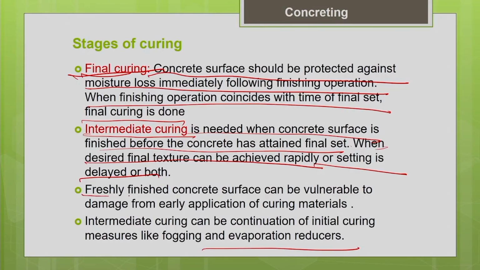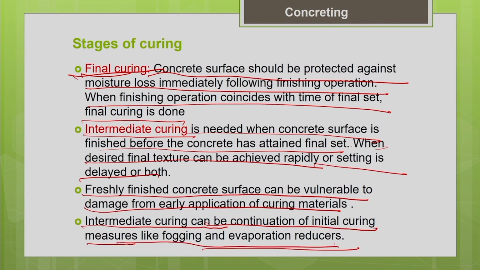A freshly finished concrete surface can be vulnerable to damage from early application of curing materials. That is why we should not do the final curing till the concrete attains the final set. So you go for intermediate curing before the concrete attains its final set. It can be just a continuation of initial curing measures like fogging and spraying of evaporation reducers.